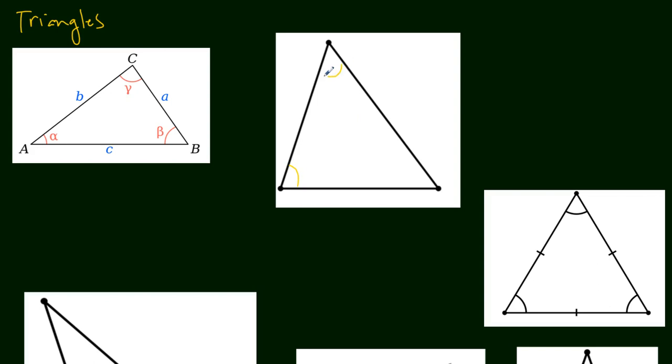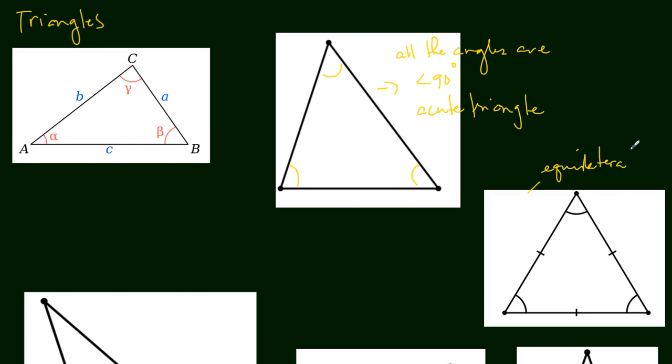If all the angles are less than 90 degrees, then we have an acute triangle. The next one, where we have 3 sides that are the same, is called an equilateral triangle.